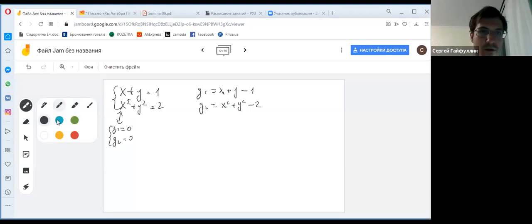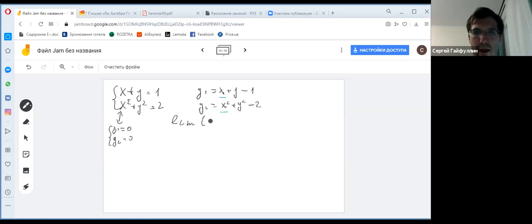The leading terms are x and x squared. So of course, the lowest common multiple of x and x squared is equal to x squared. And we have that the S polynomial of G1 and G2 is equal to x multiplied by G1 minus G2.